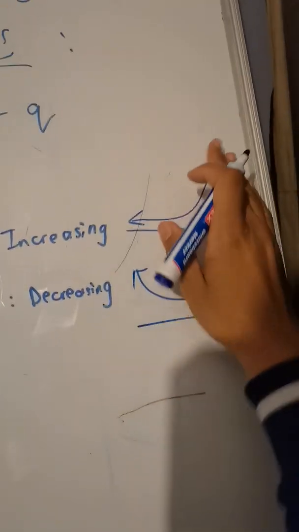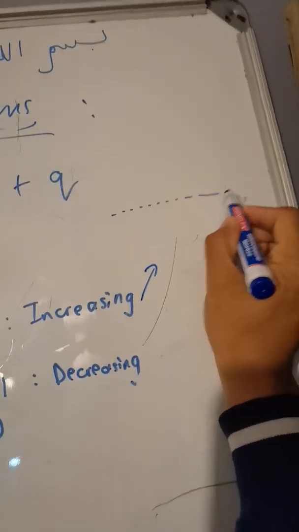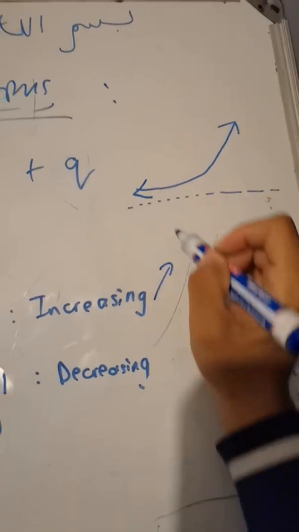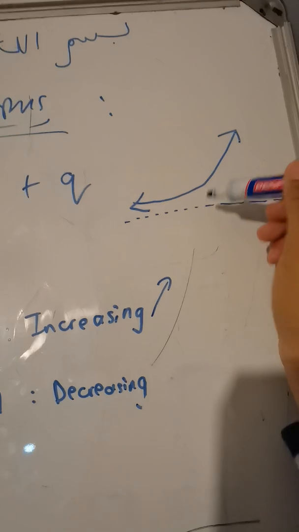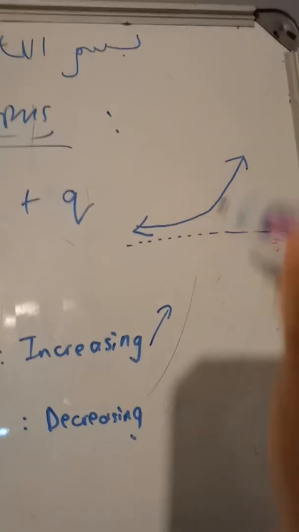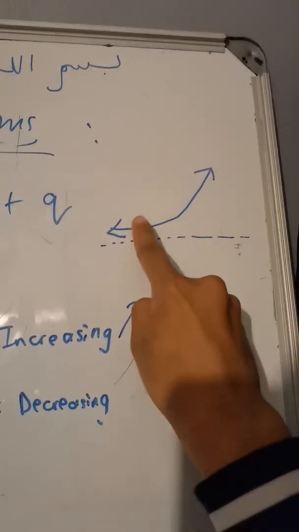Okay, so let me just clarify something quickly. So for the increasing graph, let's say that's the asymptote. This is an increasing graph. Whereas the x values increase, the y values increase as well as we go from left to right. And in this case the graph is above the asymptote.